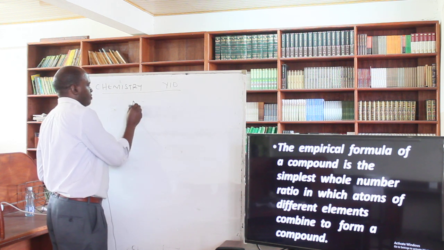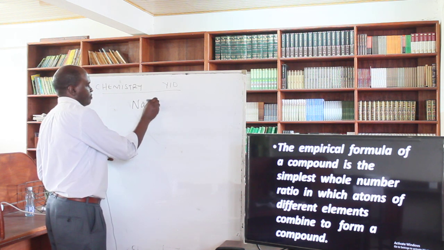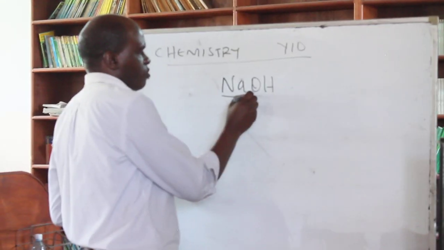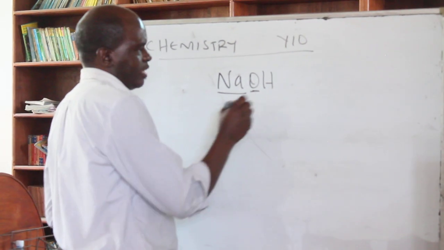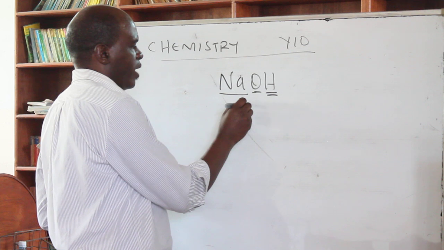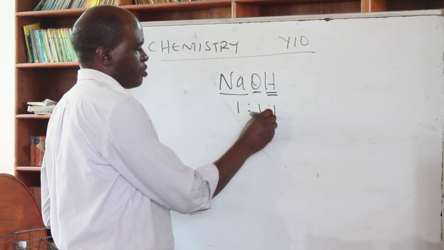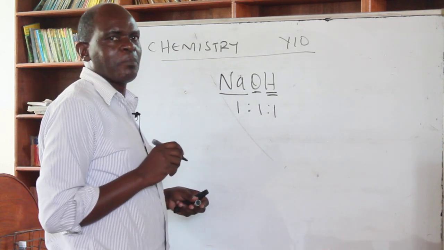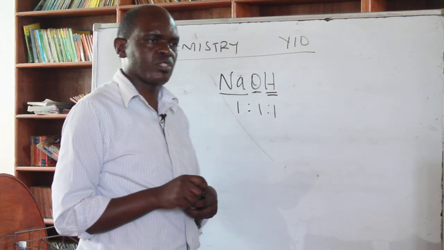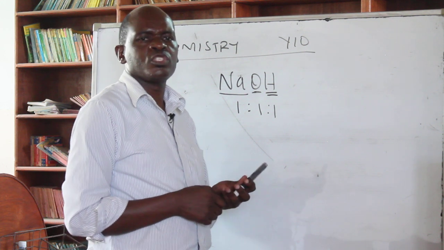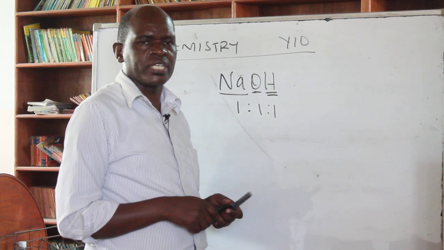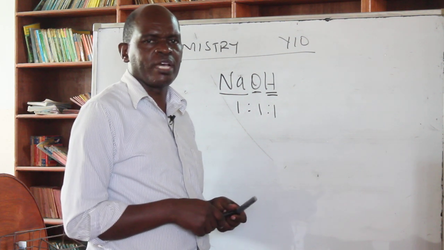That is, we have one atom of sodium, one atom of oxygen, and one atom of hydrogen. So the ratio is 1:1:1. That is the simplest ratio which can be identified in sodium hydroxide. So each of these atoms that form sodium hydroxide as a compound are related to each other with a simple whole-number ratio.